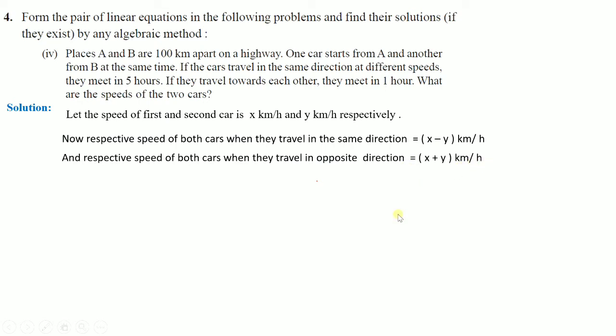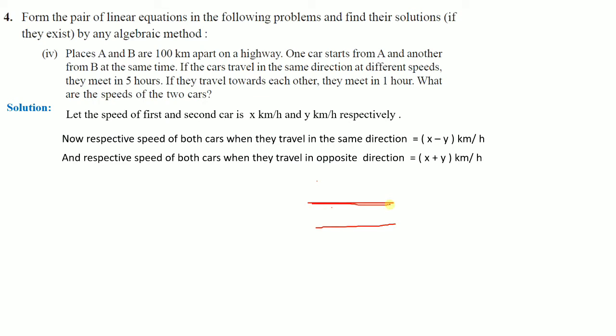Now, a very interesting thing you will learn over here. What is that? You might have traveled in buses or trains. Do you remember when, for example, I'm drawing these two lines.